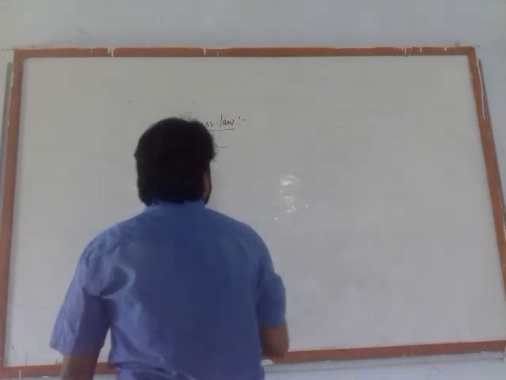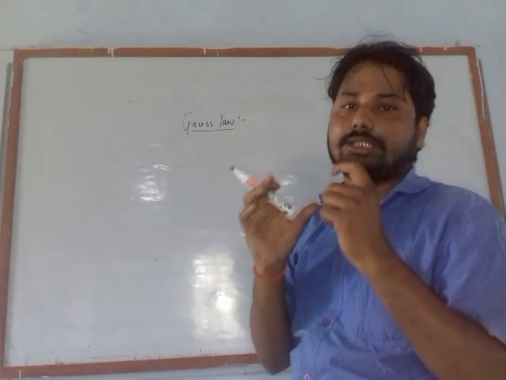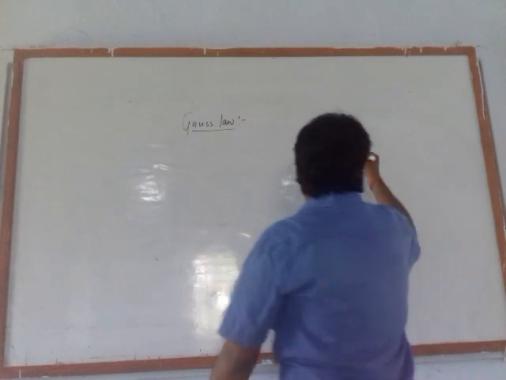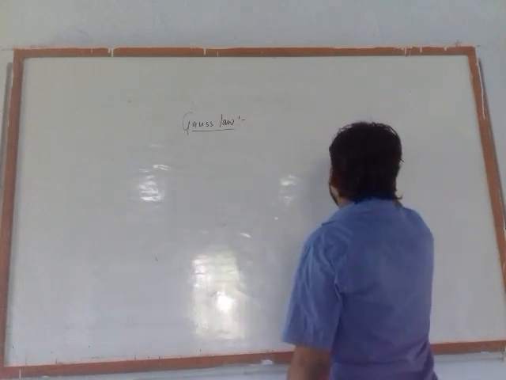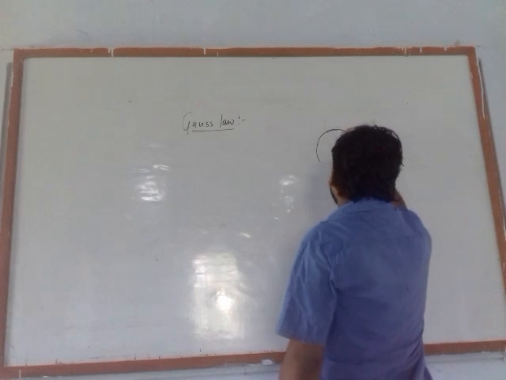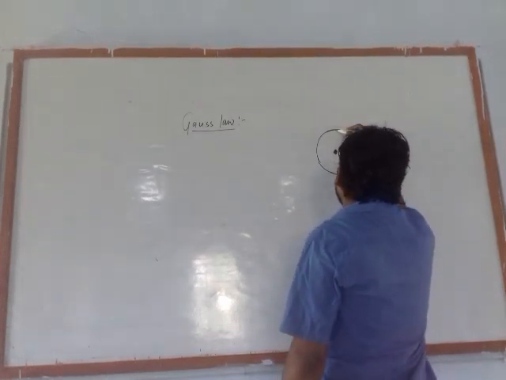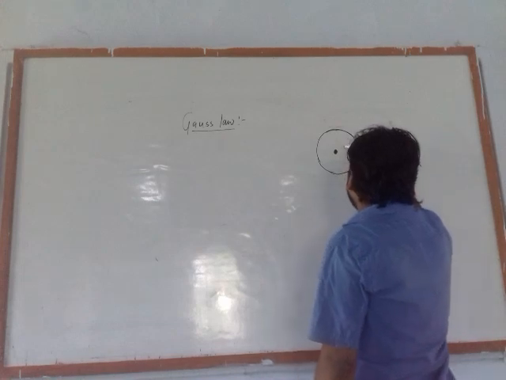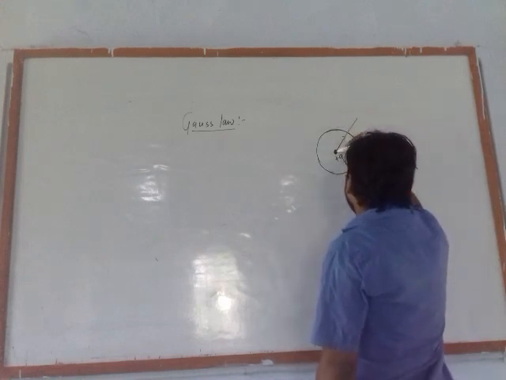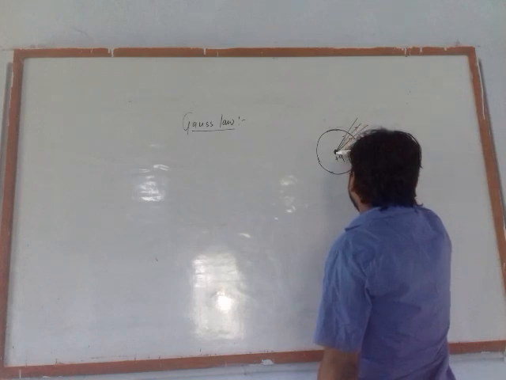Gauss Law simply states something for a charge enclosed by any surface. Suppose this is the charge, or you can say point charge, enclosed by this spherical surface. This is a spherical surface, and suppose this is a positive charge, so definitely the field lines will be coming out here.